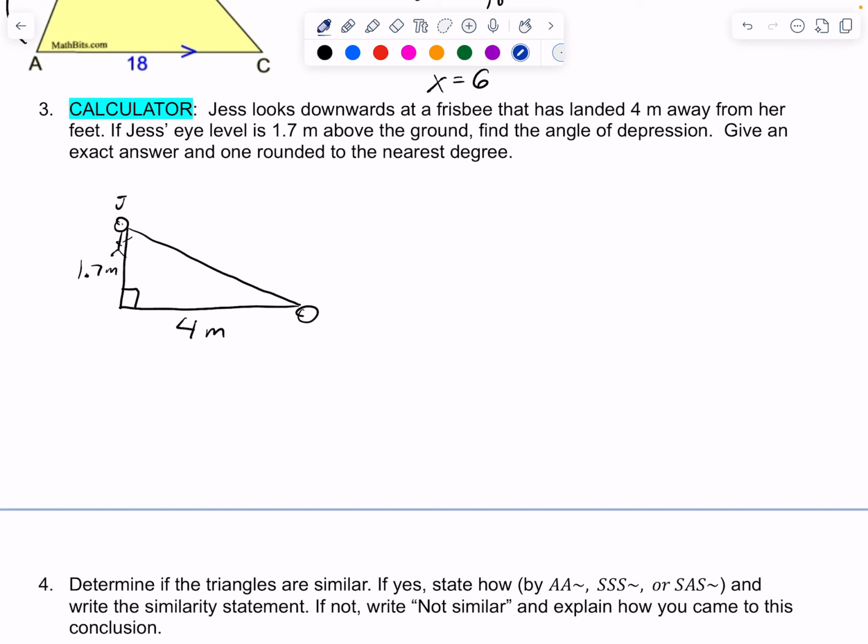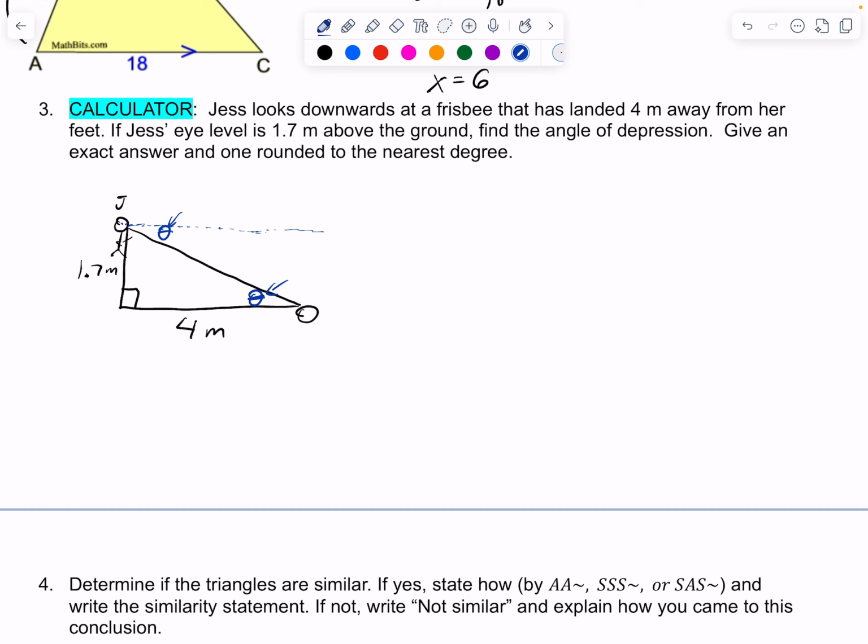So remember, with the angle of depression, if I do a horizontal line from her eyes, that angle of depression is right there, which is actually the same as the angle of elevation if you were looking up from that Frisbee, looking back up towards Jess. Okay, so I'm actually going to find this theta, which is the same as this theta up here, which is the angle of depression.